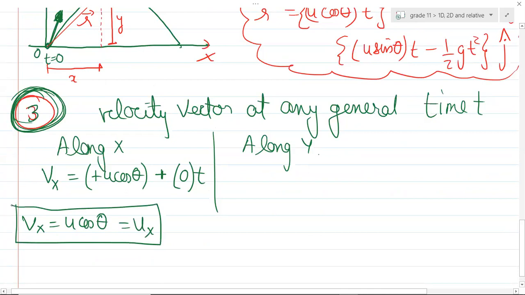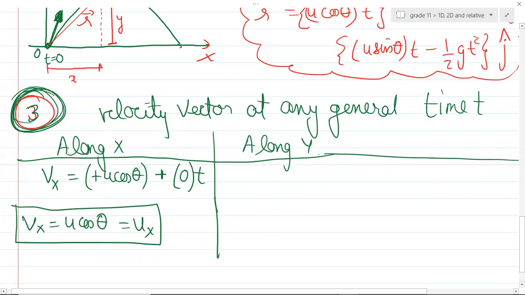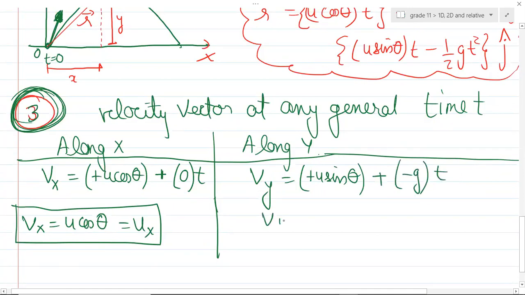Remember this. I'll tell you the physical interpretation of this now. Similarly, when we talk about Vy, it will be u sin theta into t minus half g t.